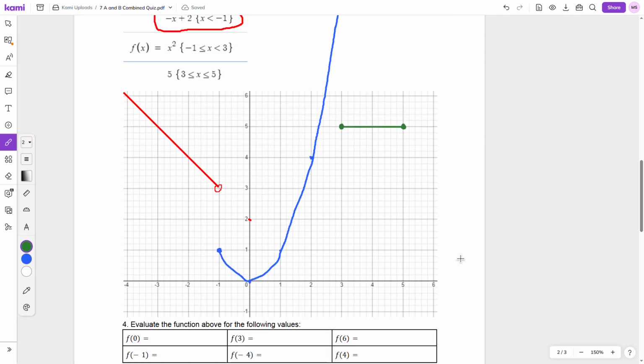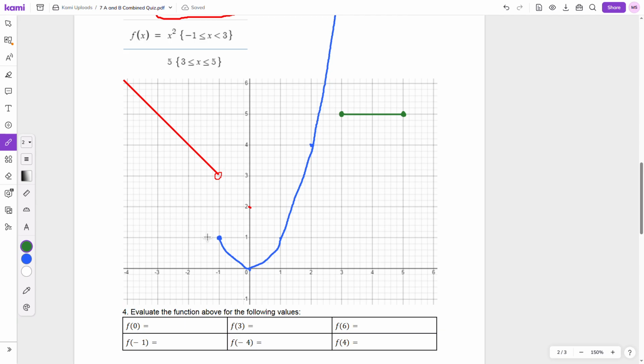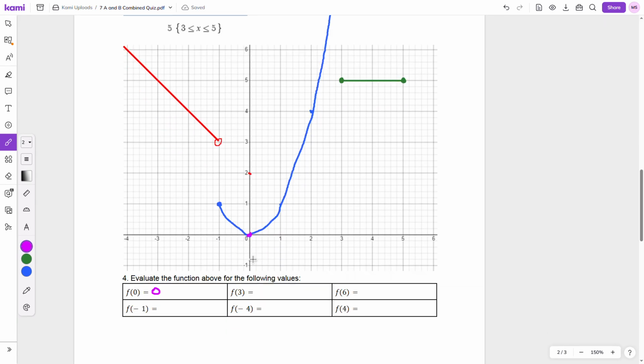But we're not done yet because we have these things down here in the bottom with number 4. So let's look at some of these. F of 0 is right here, and it is 0. F of -1 is right here, and it is 1.